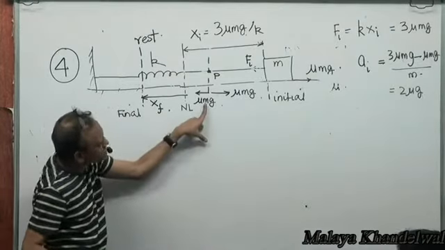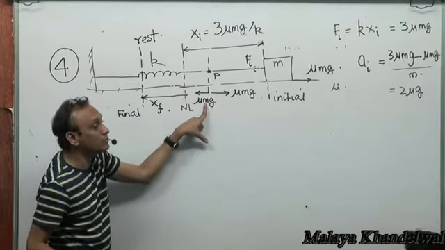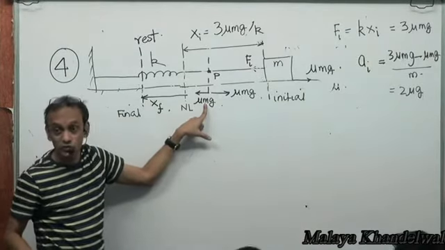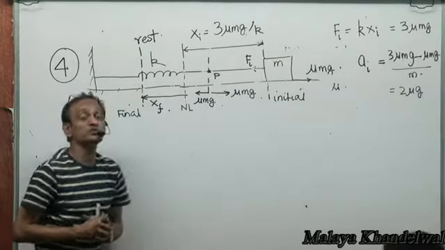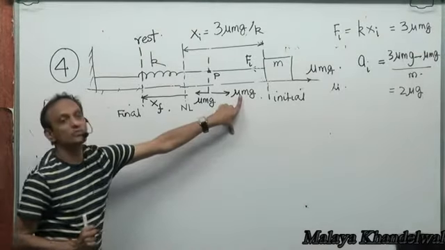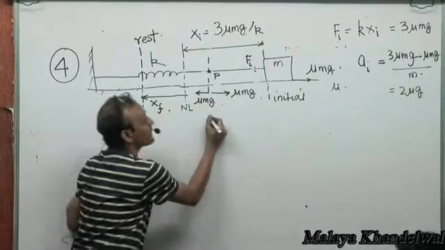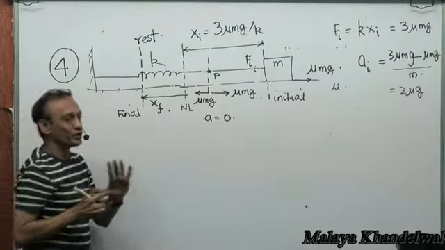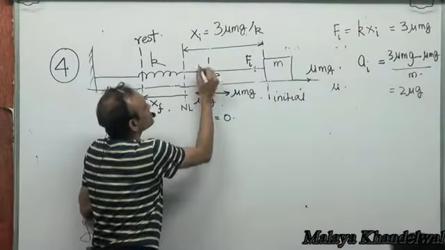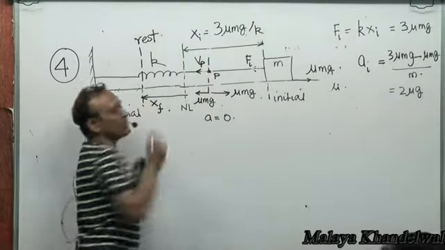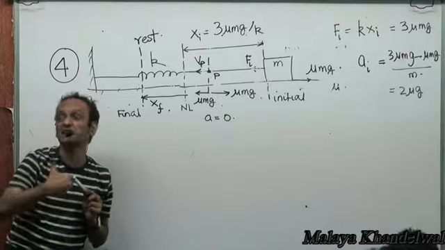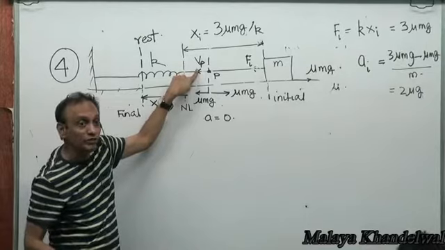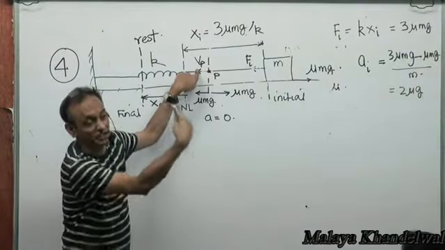Now, there would be an instant when the spring force will become mu mg. Yes or no? When the spring force becomes mu mg, it just about balances frictional force. Acceleration becomes 0. Yes or no? Now, the velocity would have acquired a certain velocity, say Vp, by this time. It had continuously accelerated. From 0, the velocity continuously increased and it became Vp, though with decreasing accelerations.